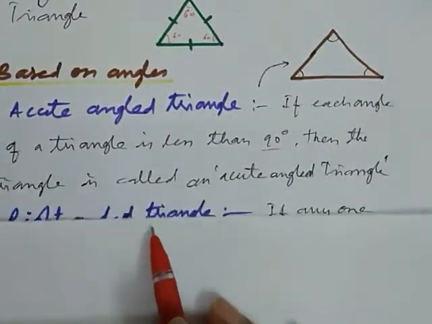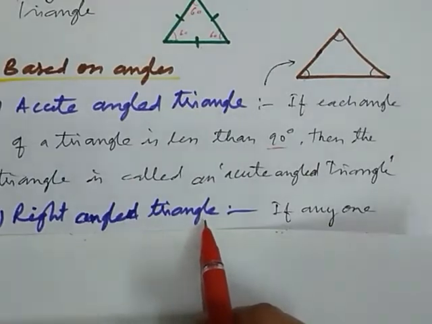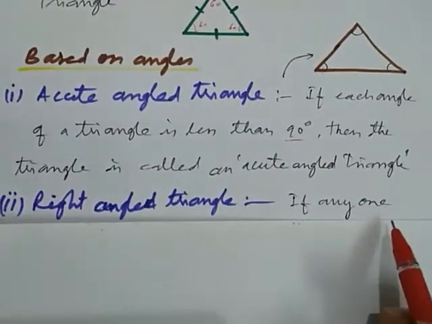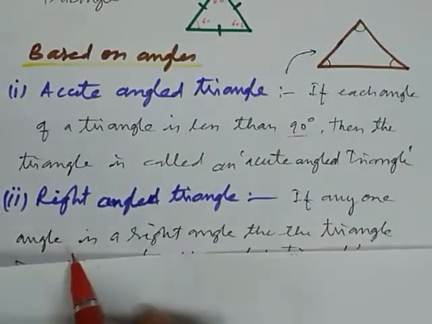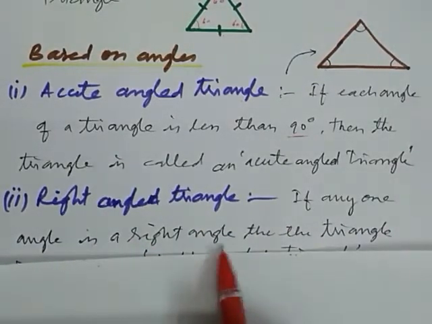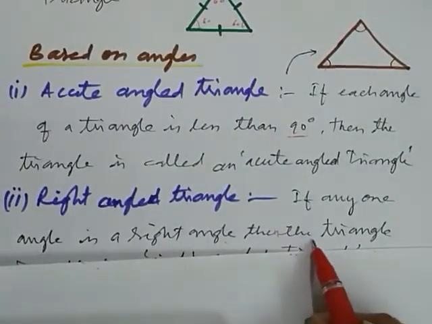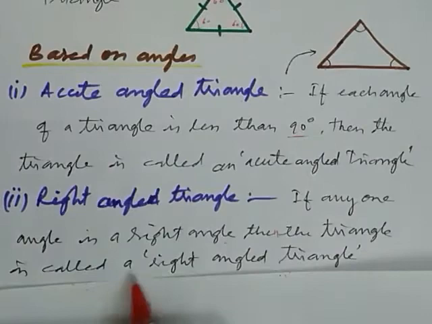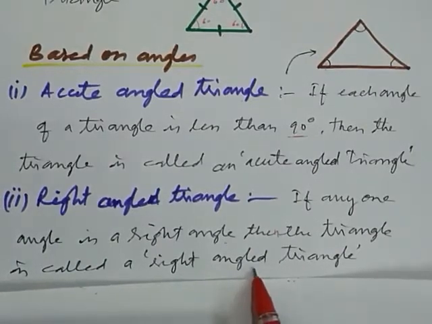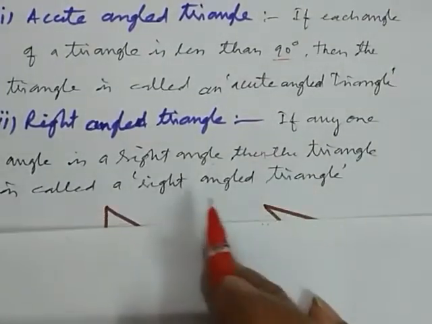Okay. Now, right angled triangle. If any one angle of a triangle is a right angle, then the triangle is called a right angled triangle, like this.